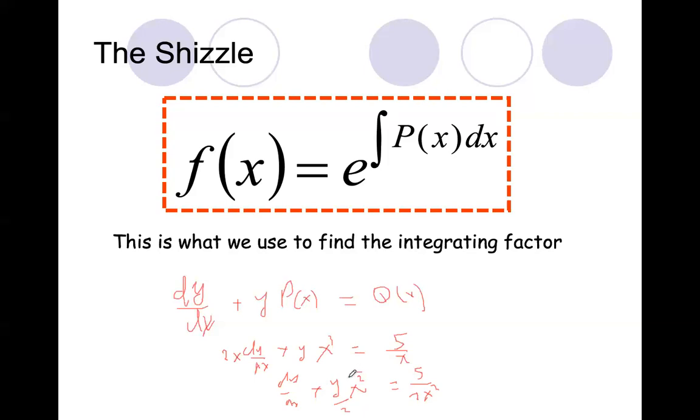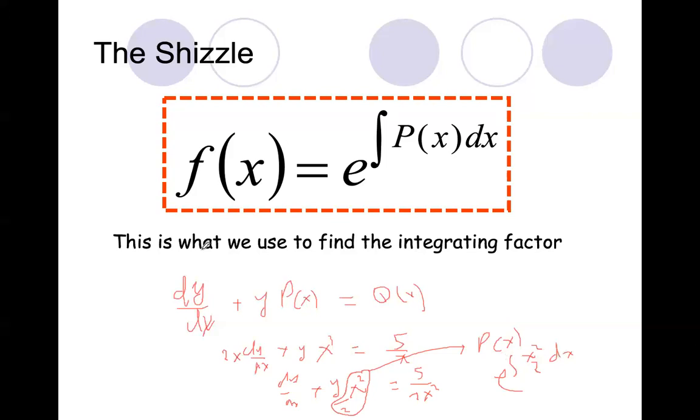So this whole thing here, x squared over 2, will be your p of x. And so your integrating factor will be e raised to the power integral of x squared over 2 dx. You just integrate that and then you can find your integrating factor.